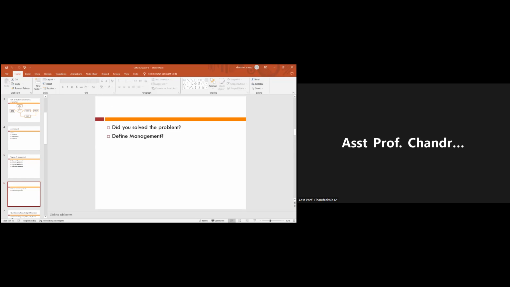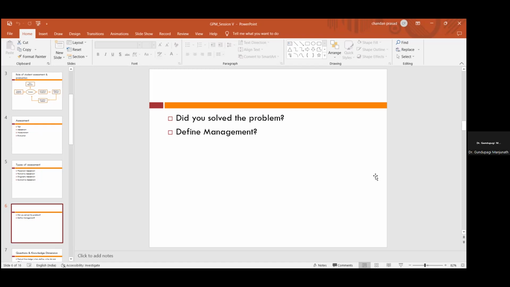Define means they have to write the meaning as per a quote given by a particular person. Solve means they can write the answers of what they know about the topic. Good. Any others?